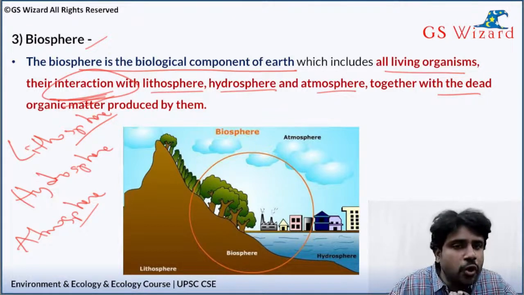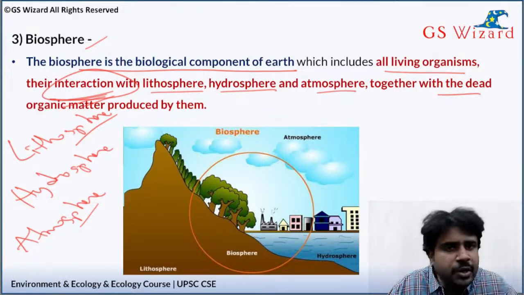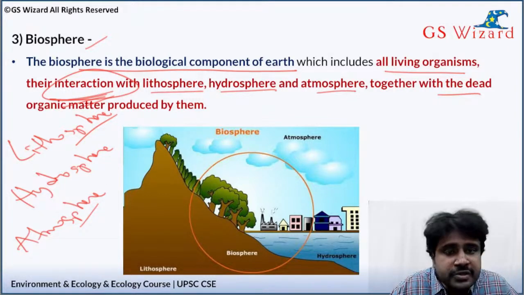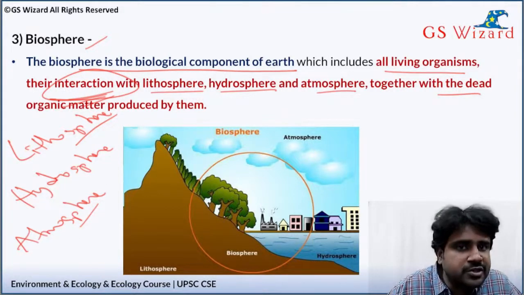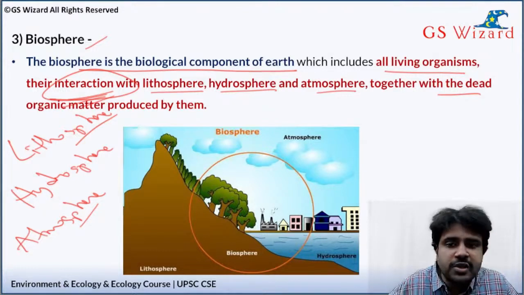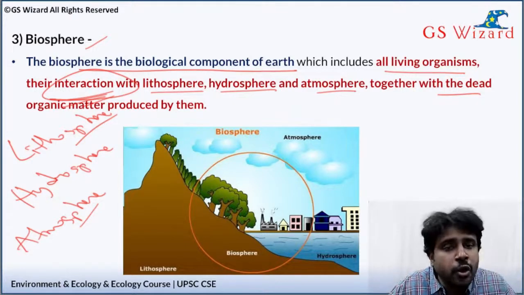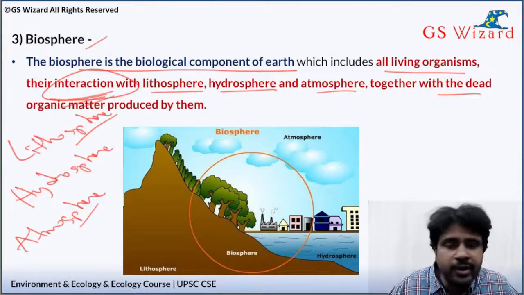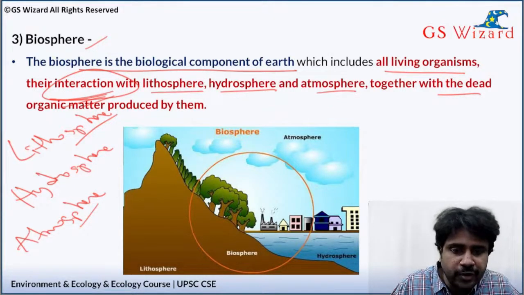These two things I should always take into consideration. If I just speak about living organisms, it doesn't make any sense. Because living organisms need to interact with other organisms as well as with the non-living things in order to live. I hope it makes sense to you. So that is the meaning of biosphere.